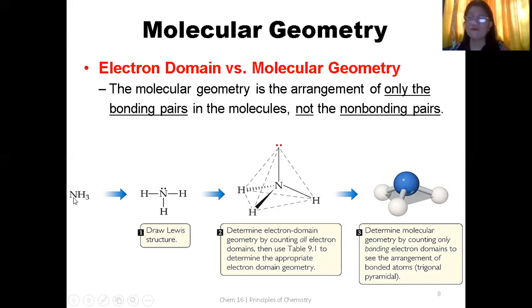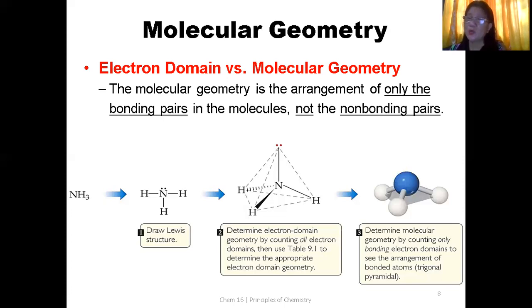Nitrogen is 5, then plus 3 times 1 for the hydrogens.